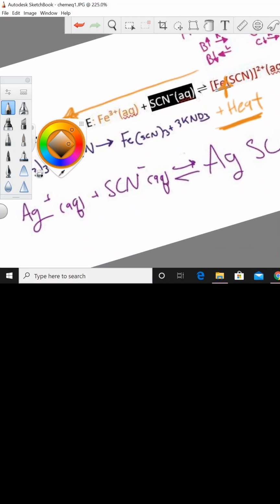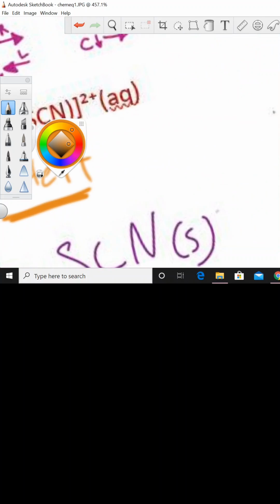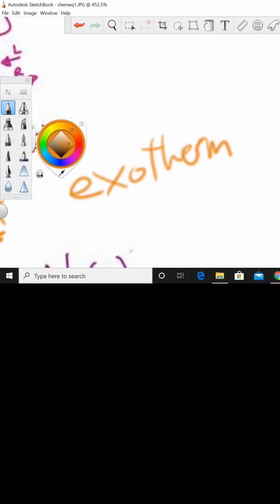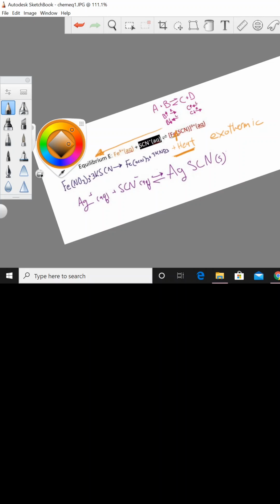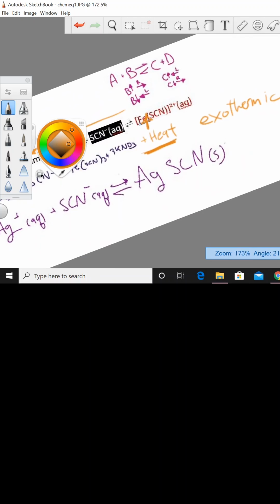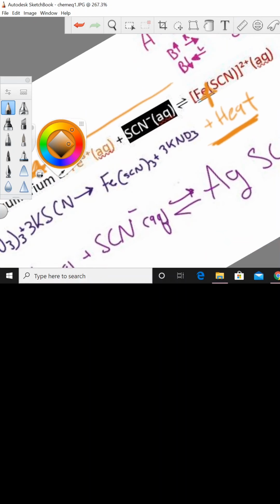Then we can also go ahead and assume that this is an exothermic reaction. We sort of get this because, again, it's a left shift changing the color, but we are releasing heat. It's one of the products.